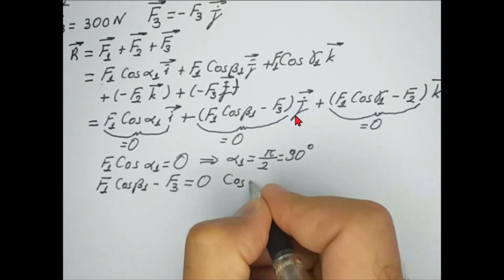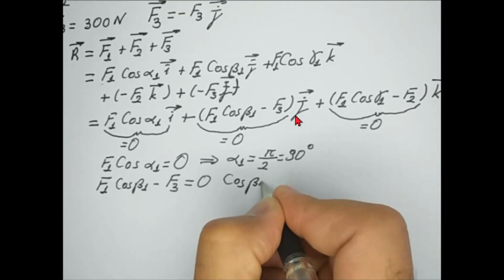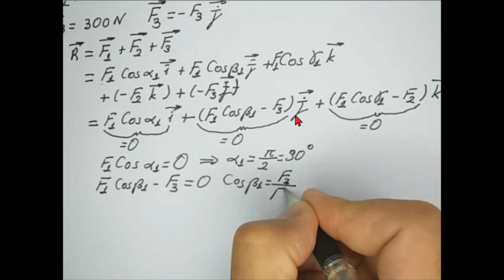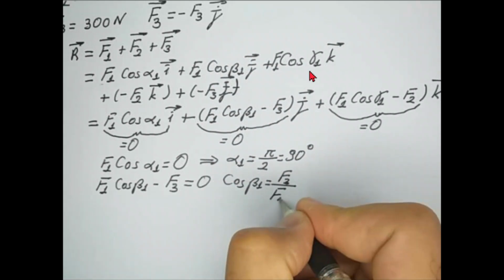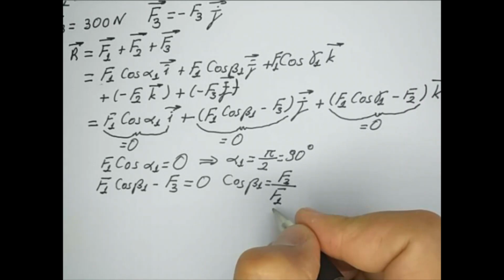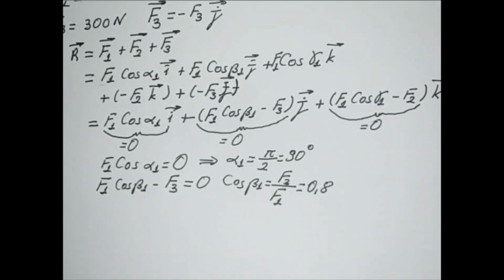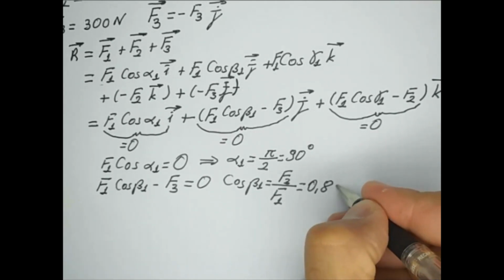So F3 is 300, F1 is 500, which makes 0.8. From here, we can find beta 1. Beta 1 is equal to 53.13 degrees.